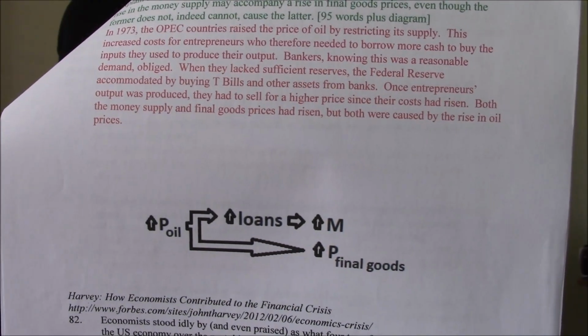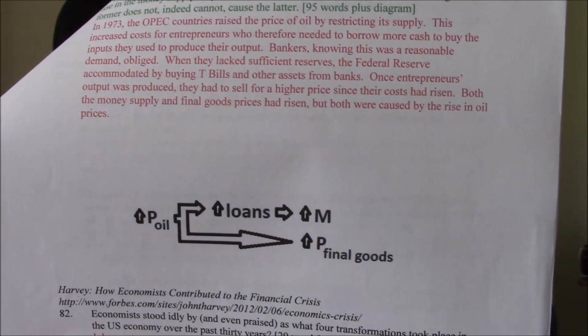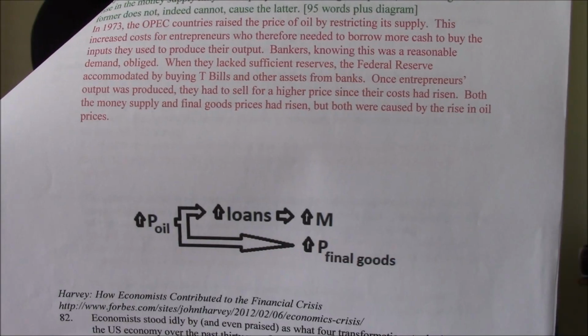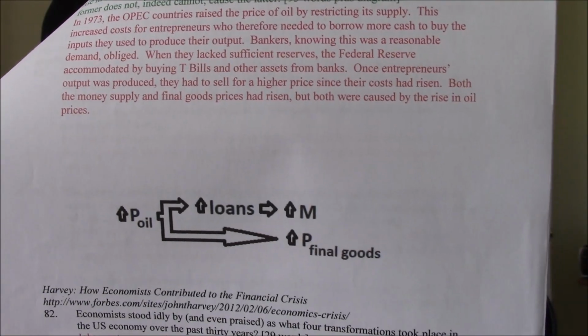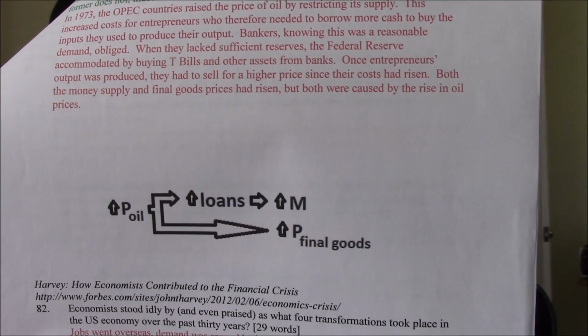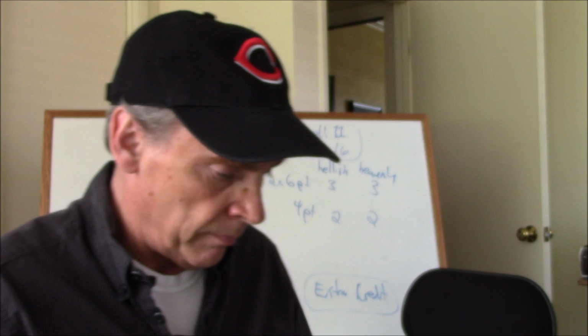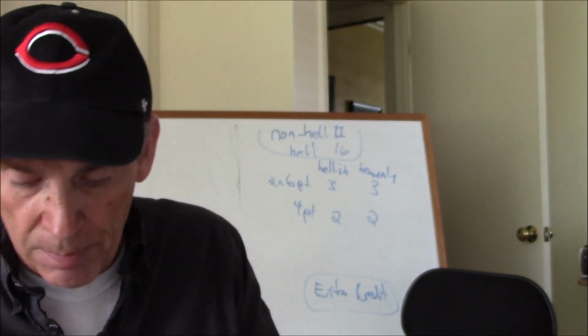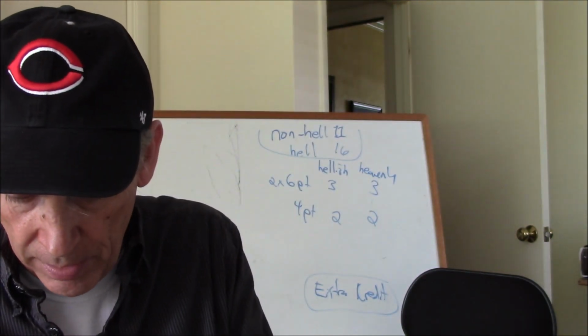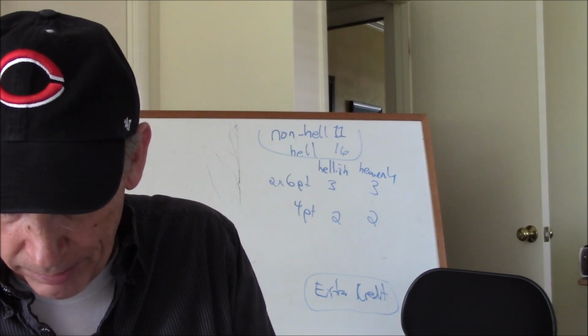And then when they eventually sold goods and services, the prices of the goods and services went up. So clearly M and the prices of final goods both went up, but they had a mutual cause rather than one causing the other. Well, with diminishing returns inflation, which I'll go back to here, it's exactly the same situation, except it's not OPEC causing it, all right? It's bottlenecks in various industries.